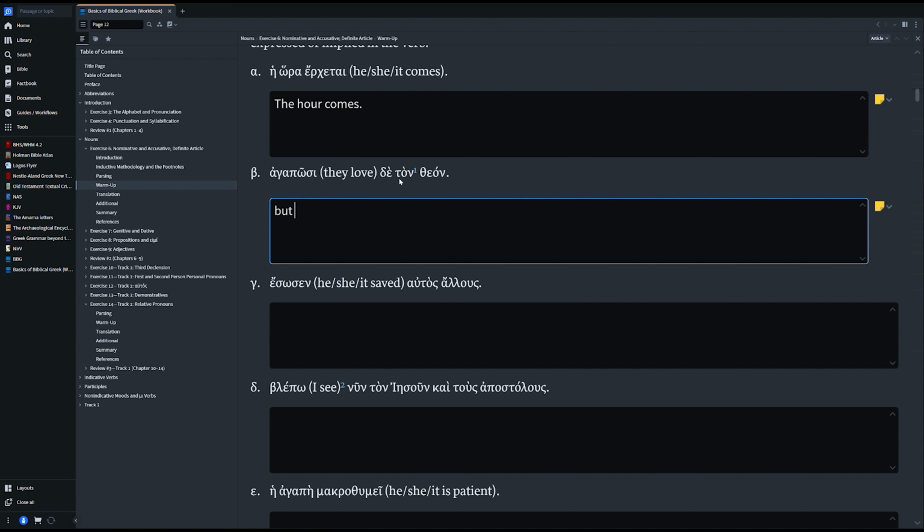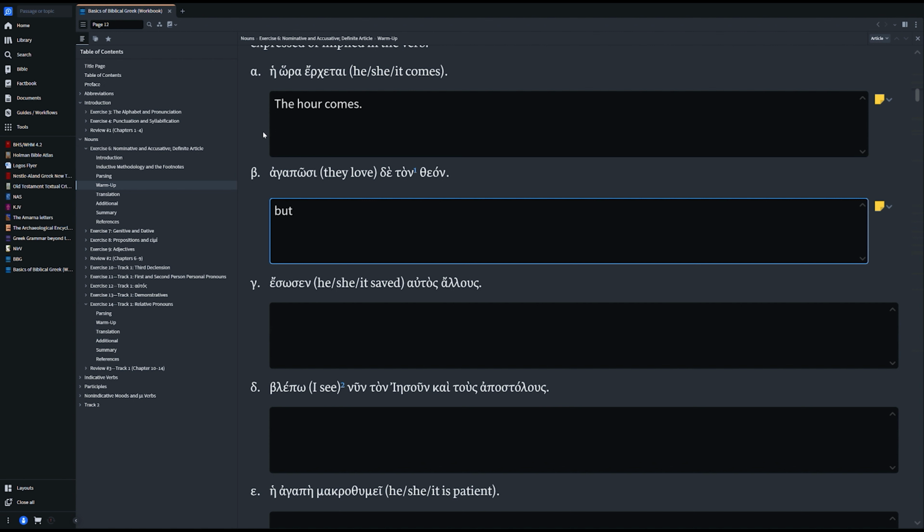And then ton theon. If you remember your vocab, theos is God, and it's masculine. You look at this ending and you say, okay, this is masculine, accusative singular. So this is God, but it is not the subject of the sentence. It is the direct object. So we know this doesn't come first. What is the subject?